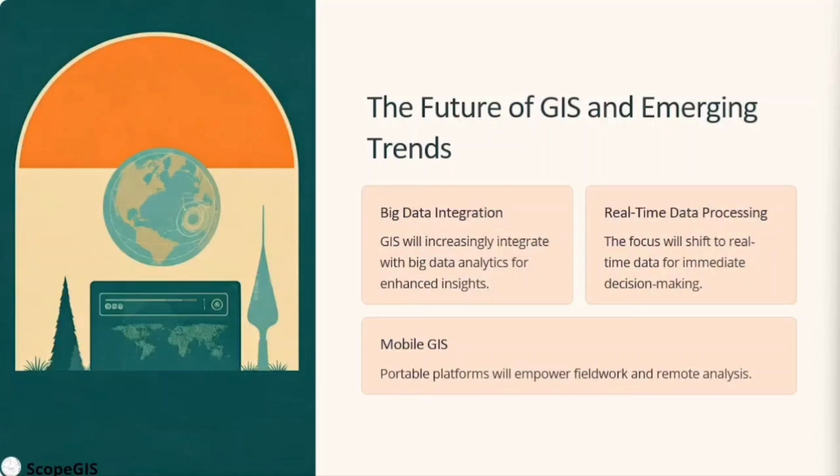So real-time data processing, as I spoke about earlier in the previous point. So real-time processing is the future of GIS really, because it enables the immediate analysis of large data sets, on the go, and providing timely insights that are essential for critical applications such as disaster management, traffic monitoring, and environmental monitoring.